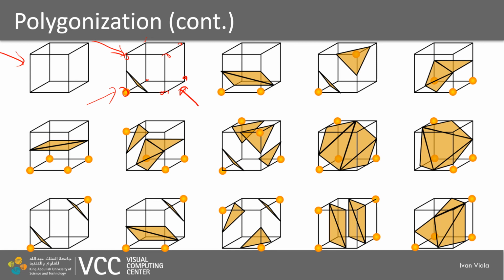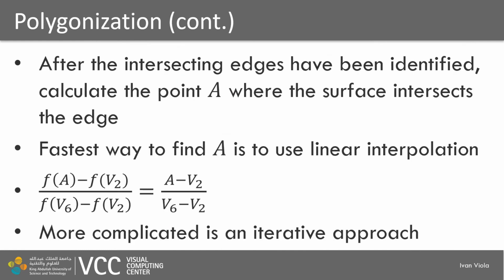So here are all the different classes plotted. Once we have that, we want to know the more accurate intersection. Maybe it could be just in the middle, or we can find it through the linear interpolation as we described on the slide before. For more precision, we can use an iterative approach if we have the computational capabilities to do so quickly enough in a desired time.